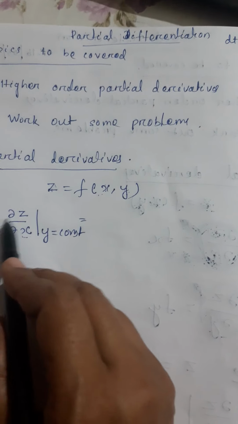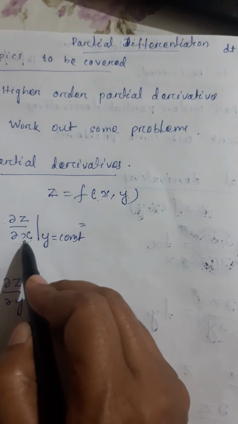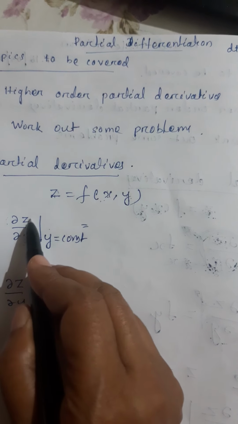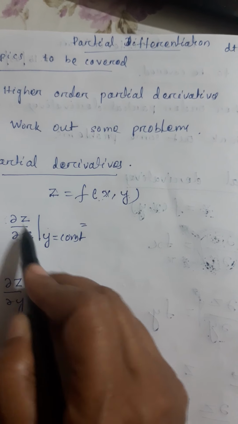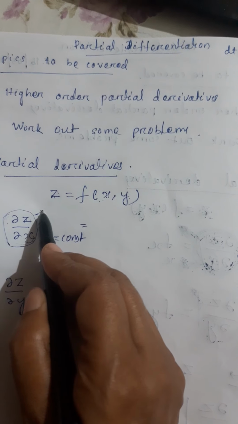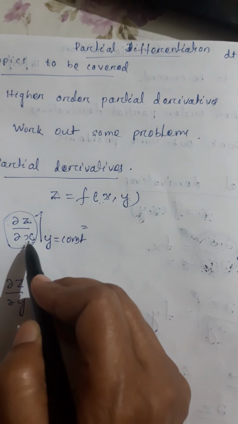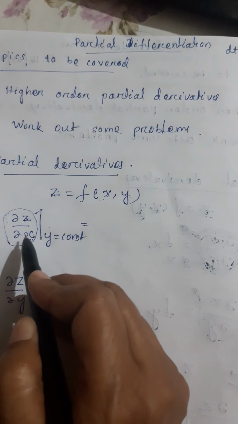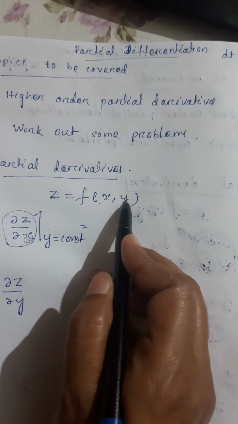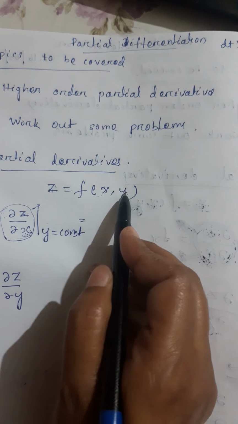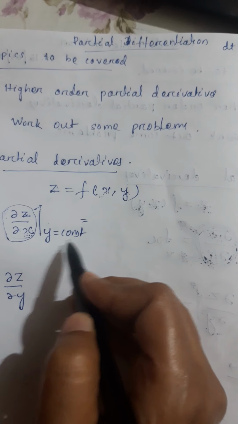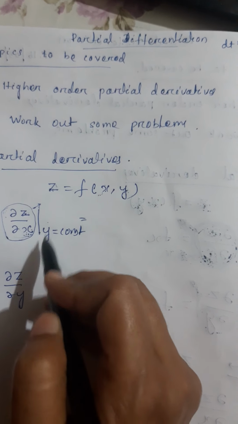Because the derivative with respect to x means the variable x is changing. That's why z also changes, as z depends upon x. So this derivative gives you the rate of change of z with respect to x. But when the variable x is changing, there will be no change in y because x and y are independent of each other. That's why we take y as constant.